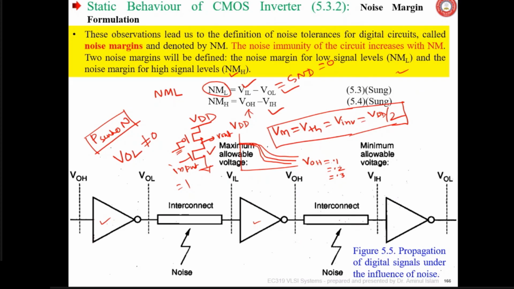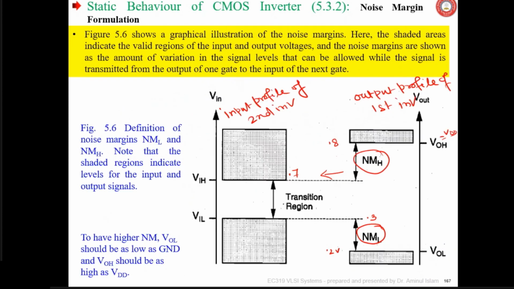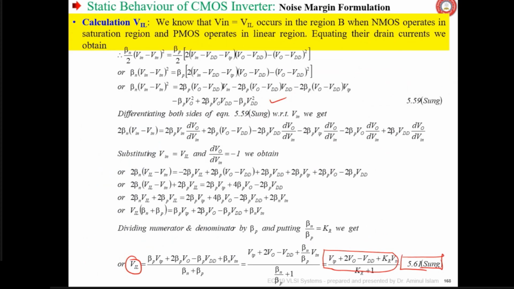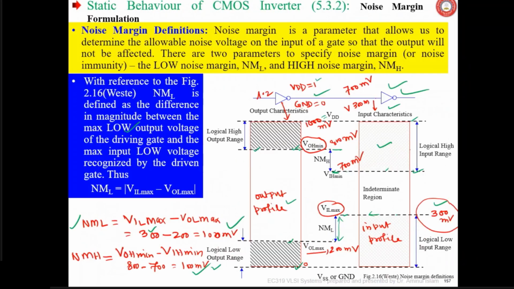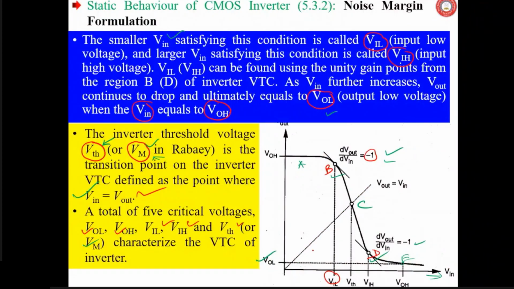So how to calculate the noise margins, that we are going to see. We are going to mathematically see what VIL and VIH are. Let me show another diagram which we have already shown, but you may not remember.